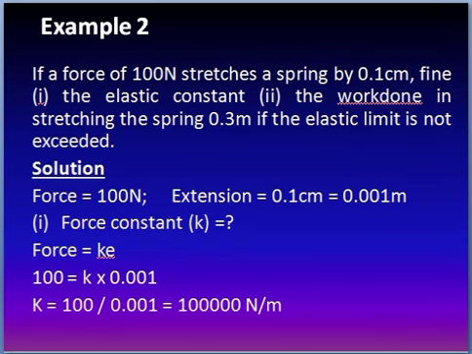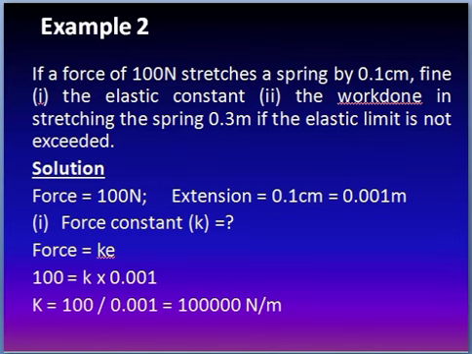What we are asked to find from the question, the first is our force constant, which is the elastic constant. If we recall, force is equal to elastic constant times extension, that is from Hooke's law. So we substitute the value of our force and our extension into the equation to end up having it as 100 is equal to K times 0.001.